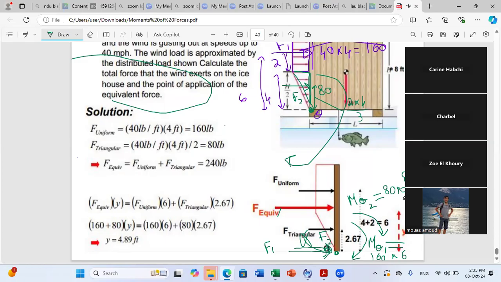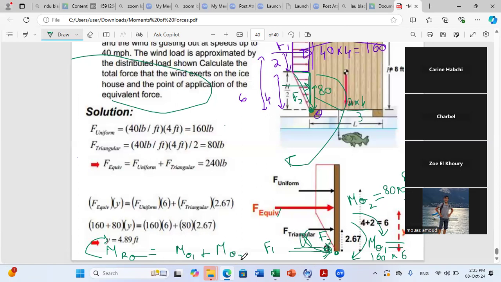Okay, and now what is the total couple? Since both are clockwise, the resultant moment about O is the summation of the two. It will be in the clockwise direction, and it will be equal to MO1 plus MO2. So what I was able to do until now is to reduce my distributed load at one point.